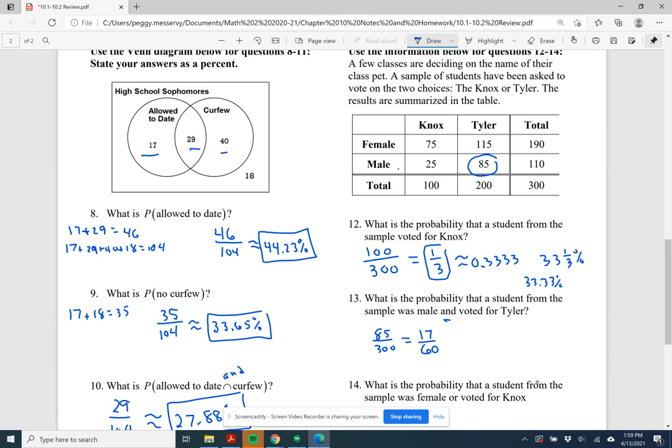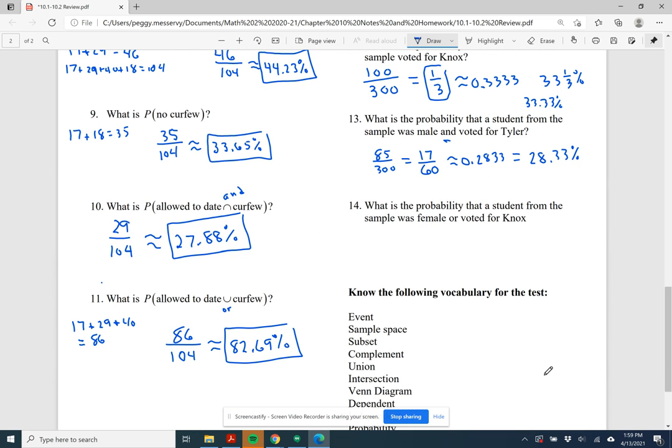If we need it as a decimal, we just grab our calculator and do 17 divided by 60 and get 0.2833. If we need it as a percent, we just move the decimal point. That's going to be 28 1/3%. 28 1/3 or 28.33%. We round it to hundredths.